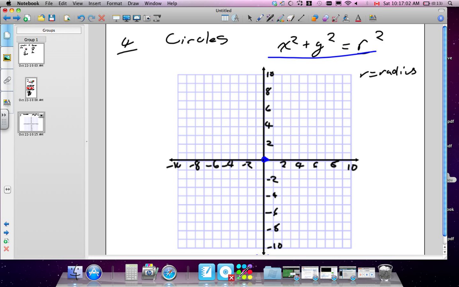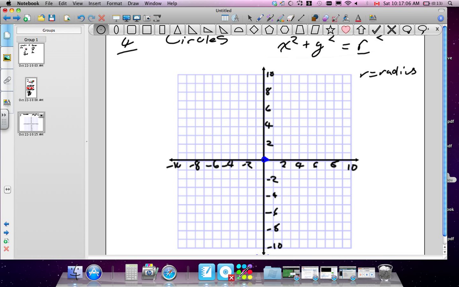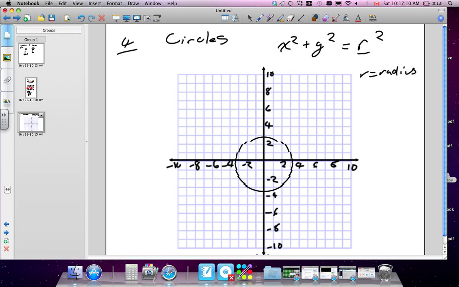Okay. No matter what the circle is, the center is at the origin. So I'm just going to make sense of this here for a second. Wasn't perfect. That's roughly what we're doing.